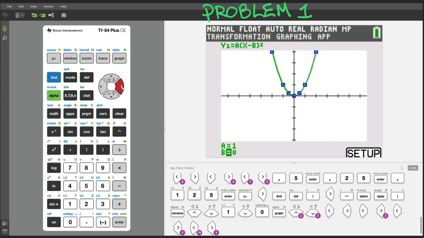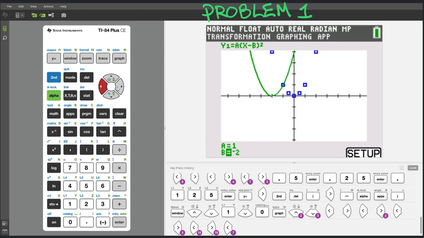Pressing right is making the graph go right, but notice that the equation says x minus b. So the equation has to be in this form for it to do what we expect. Part A says, what happens when b is positive? Well, it shifts to the right. How about when b is negative? The graph shifts to the left.